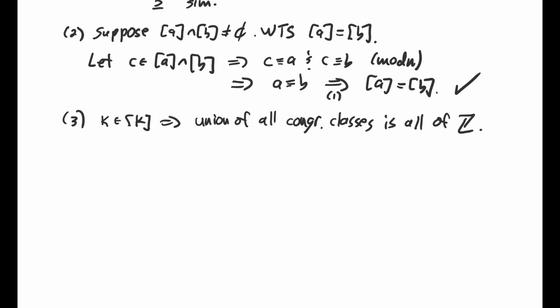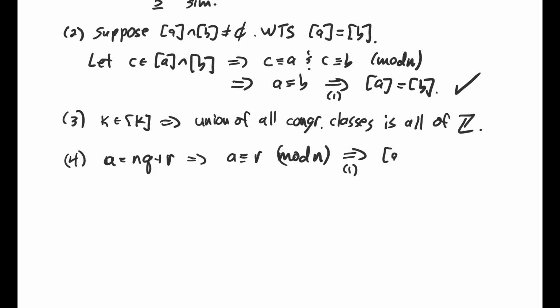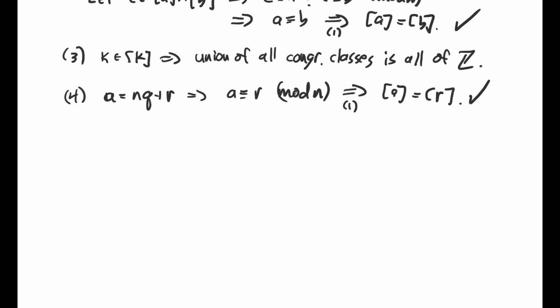Each congruence class is the one we already had, or it's completely disjoint. So part 4. Well, if A is equal to nq plus r, then of course this says that A is congruent to r mod n. And again, by part 1, of course, that says that the congruence class of A is equal to that of r, and we're done.